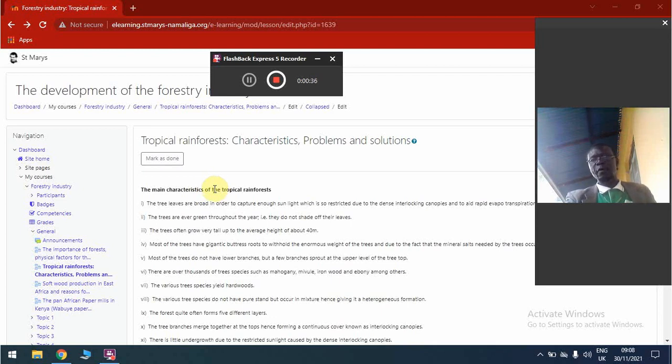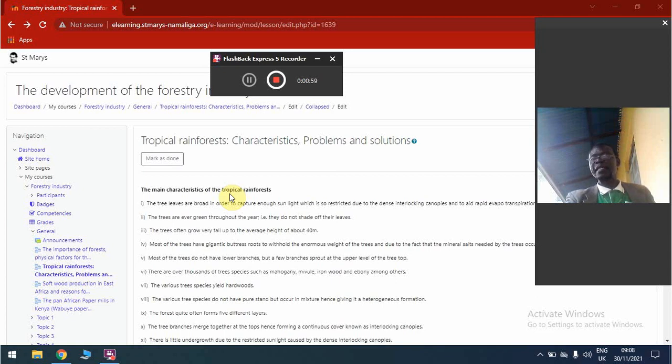Without wasting time, let's begin with the characteristics of the tropical rainforests. There was a certain photograph I gave you. I want you to study that photograph closely. That photograph is also available in our dashboard, in our platform. You open, you will see that photograph.